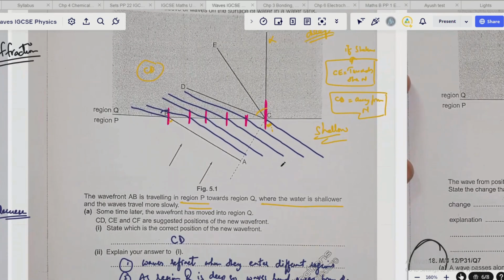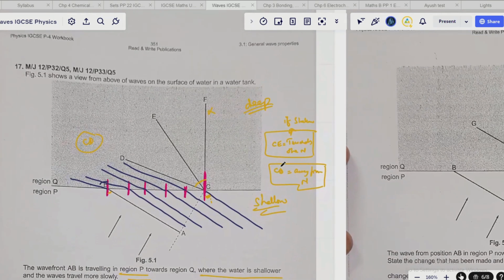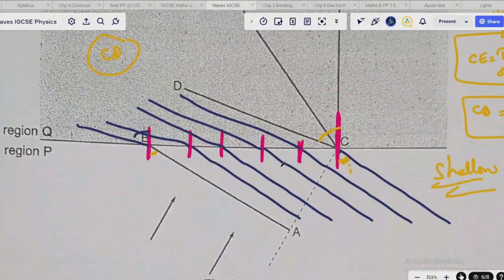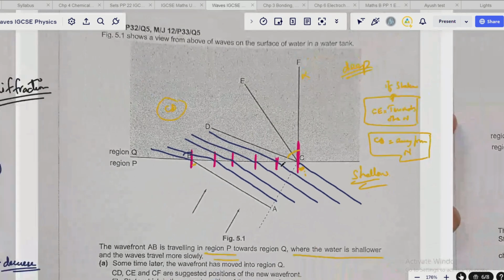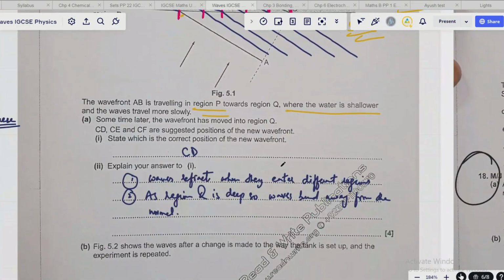Yeah, CND and ANB, yes, you can say that. And what else? Yeah, just simply all you need to say is, look, we already mentioned that the wave is going to correct its position to CD.